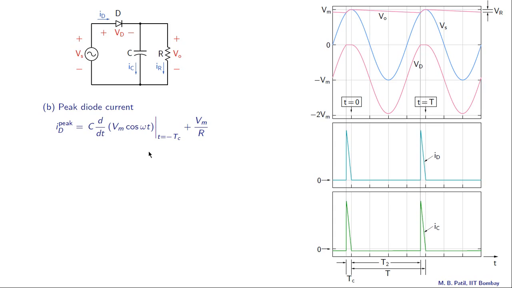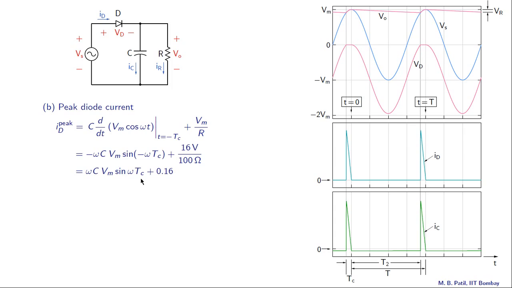So when we differentiate, we get this result. This 0.16 is coming from IR, Vm by R, and the first term, the capacitor current, is omega times C times Vm sine omega Tc.